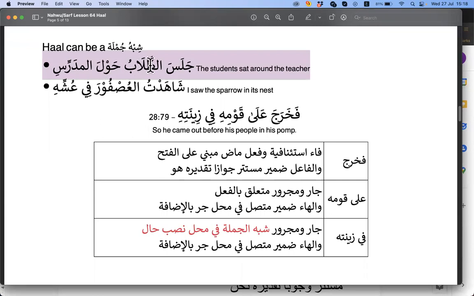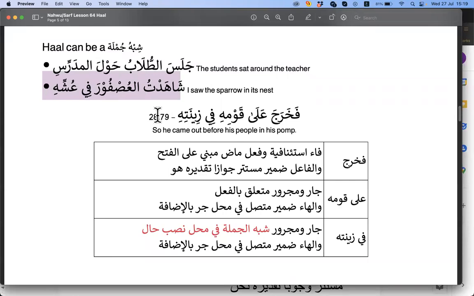So here obviously the sahibul hal is explicit. It is tulab. What about this one? Do the Irab here. Syahadtu, fi'il madi. What's our fa'il?